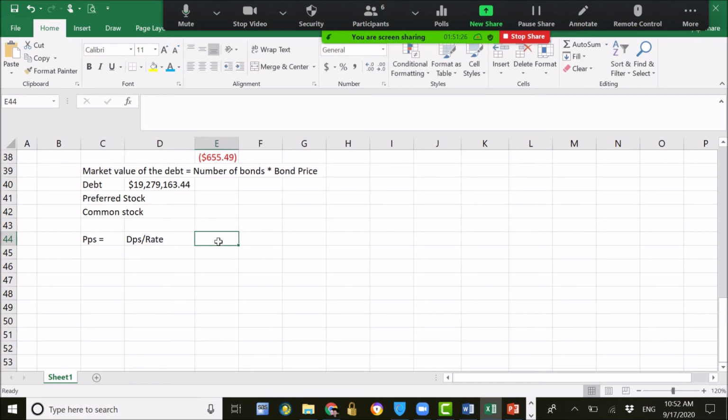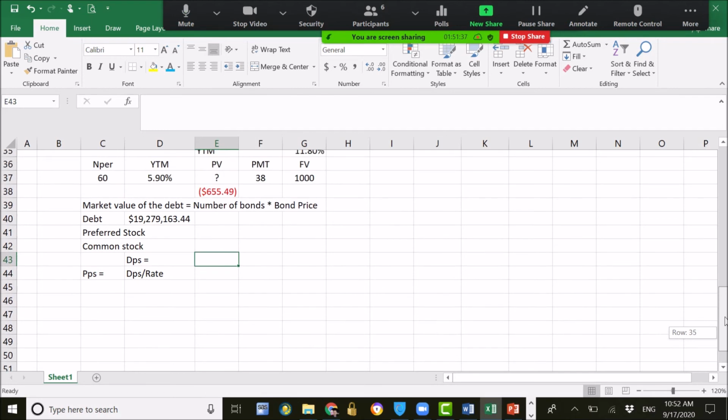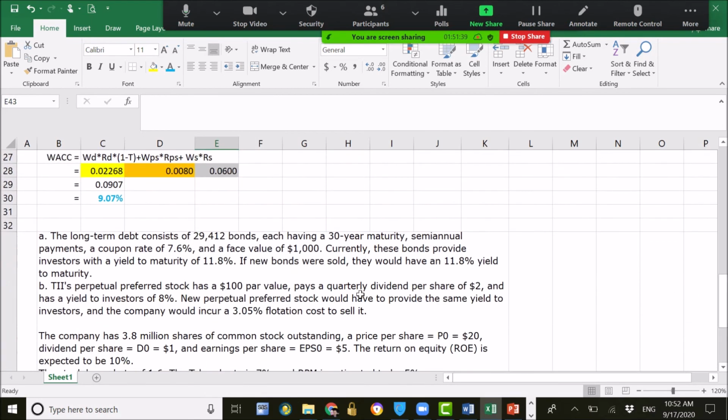If you look at the question, D_PS equals how much? The question gives us the information that it is $2, quarterly. And then we have 8%.